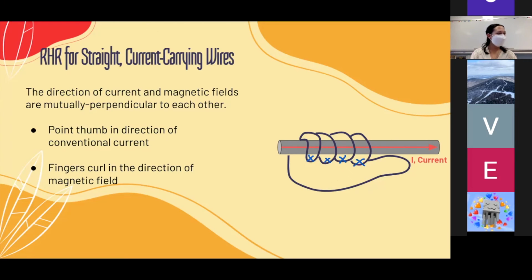That direction is going to be called into the page. The opposite of into the page is out of the page. So that must mean above the wire, we're getting our field going in the out of the page direction.